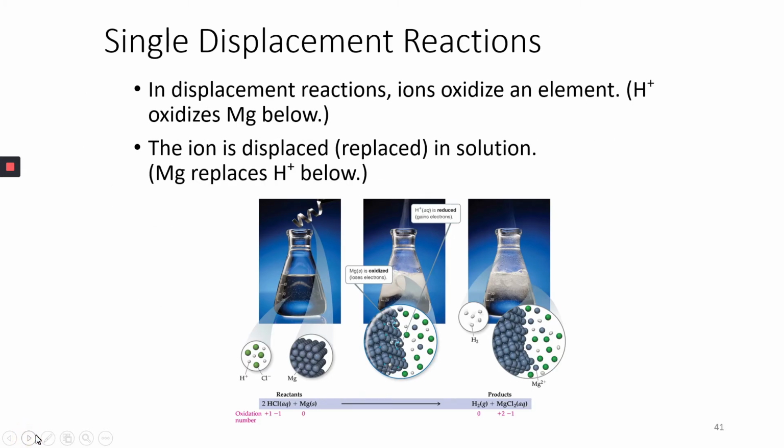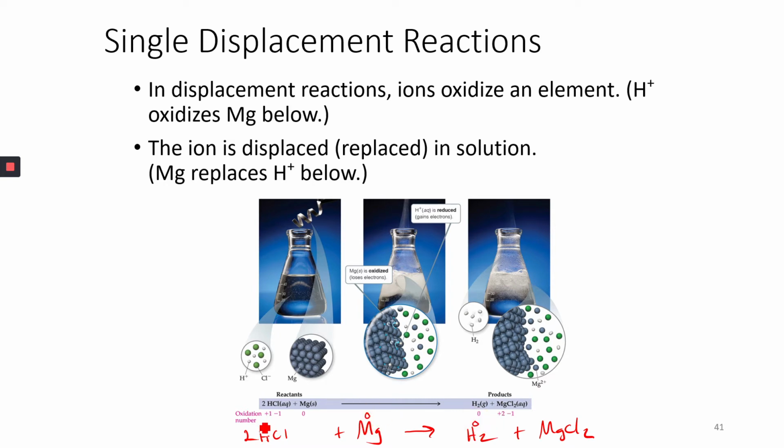Single displacement reactions are examples of redox reactions. So in your displacement reaction, one substance is getting oxidized and the other one's getting reduced. In the diagram shown here, you have HCl plus Mg yields H2 plus MgCl2. So your elements and your diatomics have a charge of 0.